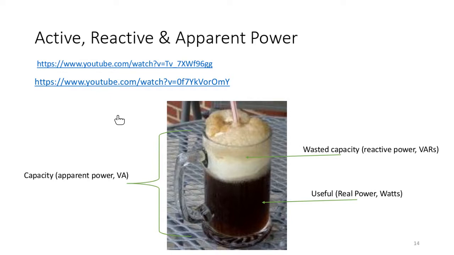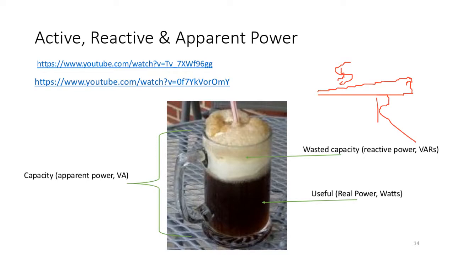Why do we need to reduce it? Because of this angle here. For example, we have the real power here, and if the angle is small, then you need this much S. This is S, and this is the real power.